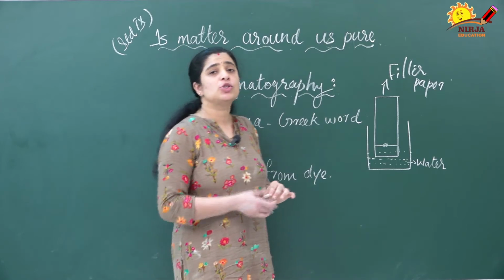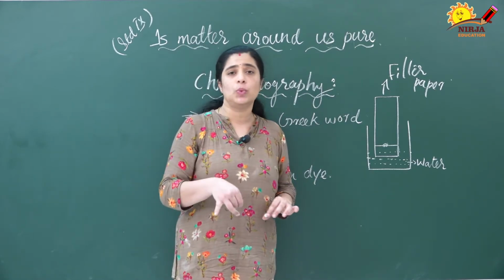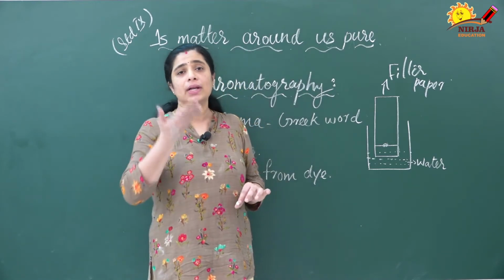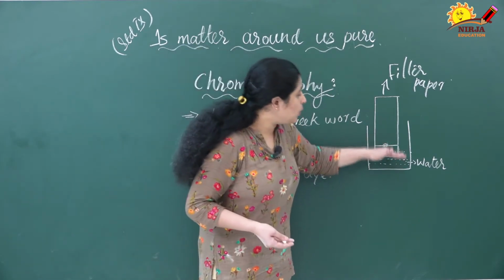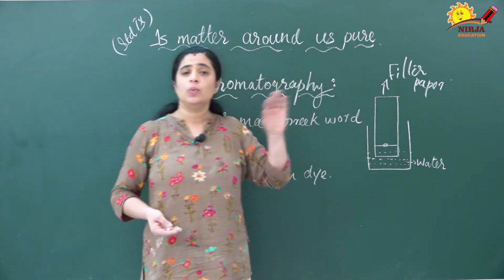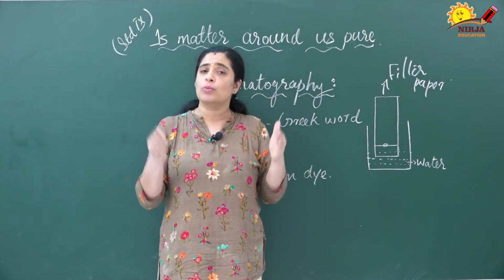After some time, due to capillary action, when the filter paper is immersed in water, it will start absorbing the water. So due to capillary action, the water level rises, and the dye is soluble in water, and dye is a mixture of two or three colors.